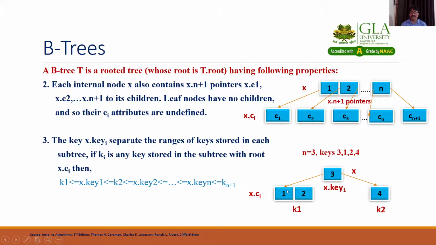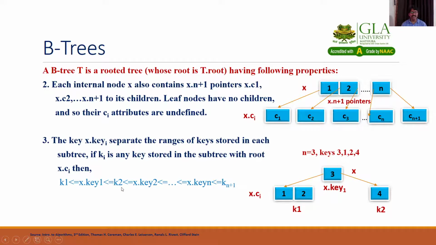It means the left subtree will become K1 and the right subtree will become K2. So smaller values will go on the left side and larger values will go on the right side. This is the property that you are following. X dot key 1 is the key element of the root X or internal node X. K1 will be smaller than X dot key 1, and this K1 will be stored in the left subtree of X dot key 1.